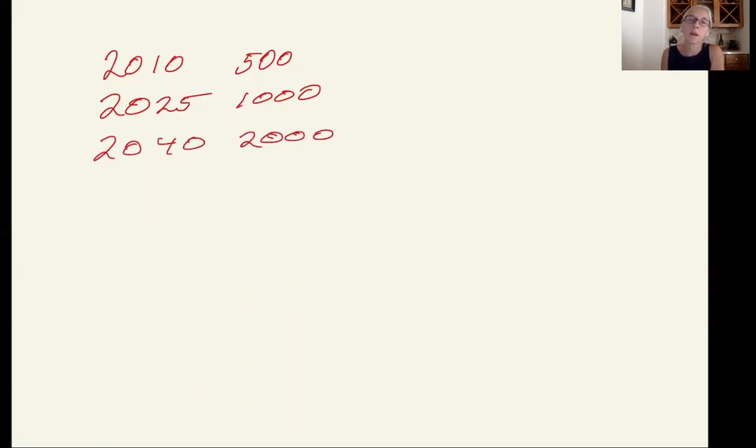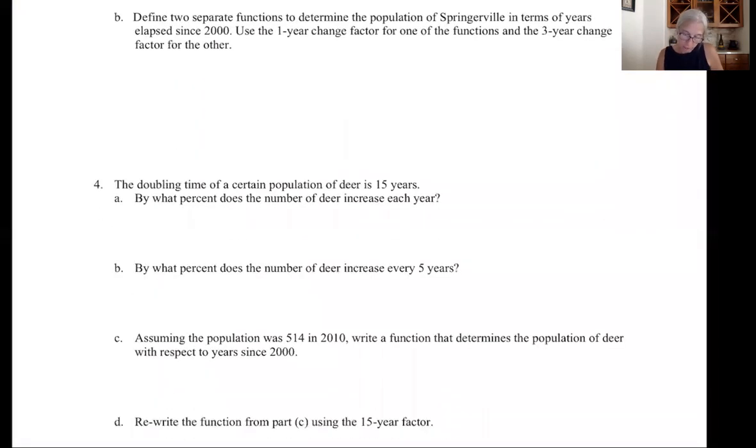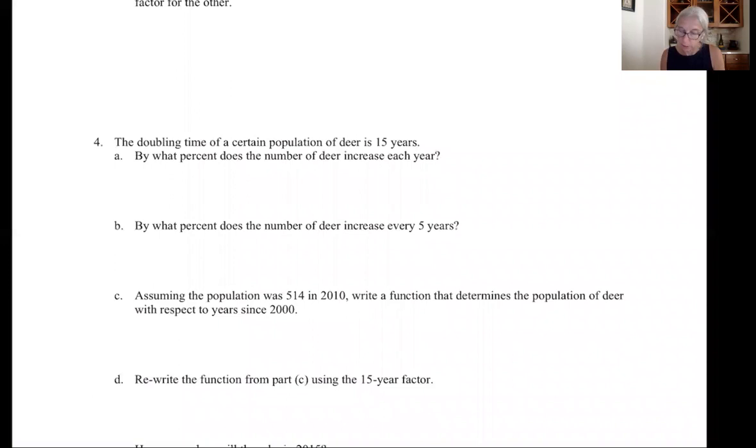That's what that means. Every 15 years, we're going to double. The question, though, isn't asking us that. The question is asking to find by what percent the number of deer increases each year.